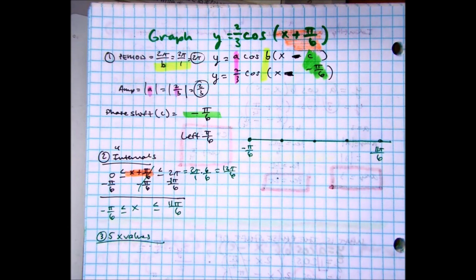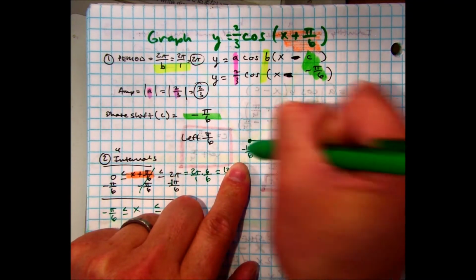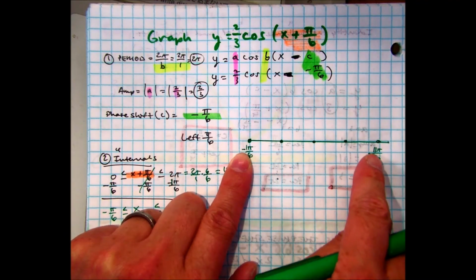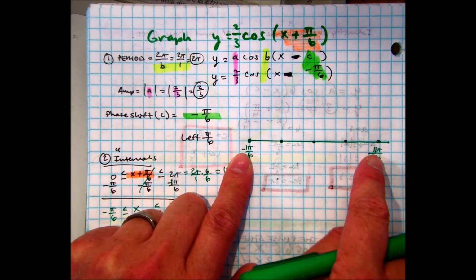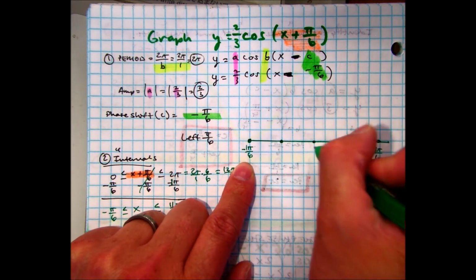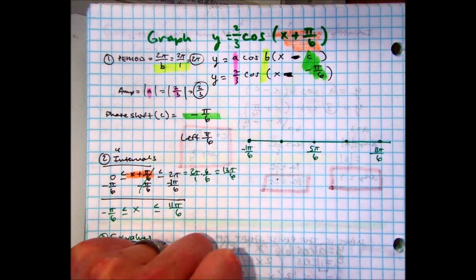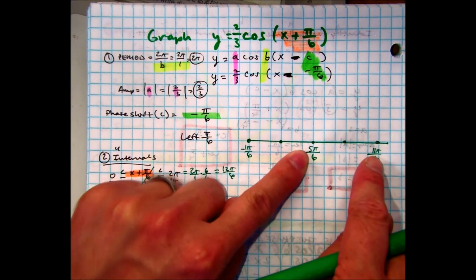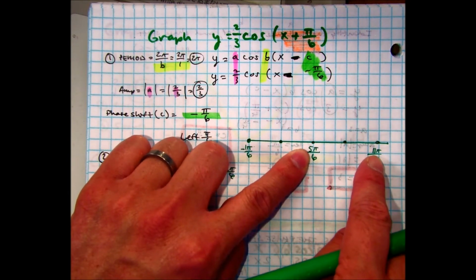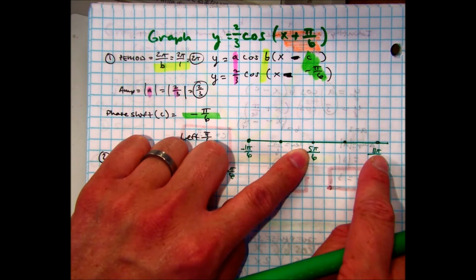And now we're basically just doing a bunch of midpoints. Class, what's negative 1 plus 11? And 10 divided by 2? 5 pi over 6. Class, what's 5 plus 11? And 16 divided by 2?